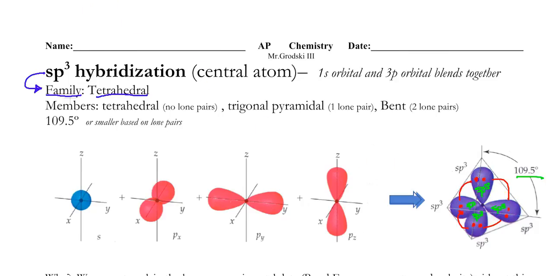I like to think of this tetrahedral family this way. We started this with sp2. We had trigonal planar, basically a triangle, where the sp2 orbitals repel themselves.